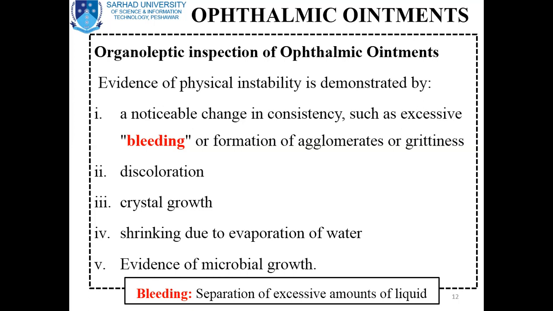Another physical instability problem is evidenced by shrinkage of the formulation due to evaporation of water. The water or aqueous part in the formulation evaporates, and the product, that is the ophthalmic ointment, shrinks. That is evidence of physical instability. The last one is evidence of microbial growth.